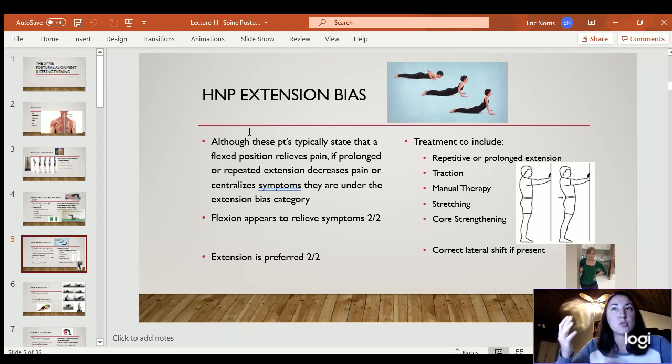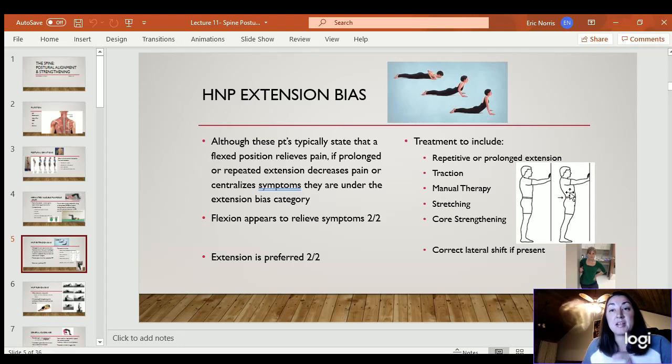Now they stop just short of their pain. They could do it by laying prone and doing prone press-ups where they're pushing up. This is an example of a prone press-up. Or they could do it in standing. I'll have them put their arms against the wall and let their hips come closer to the wall, and do it usually about 10 times.